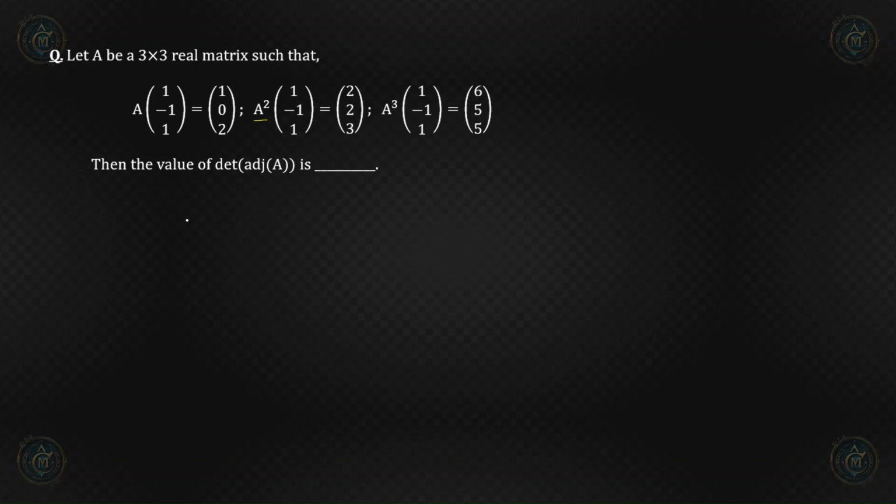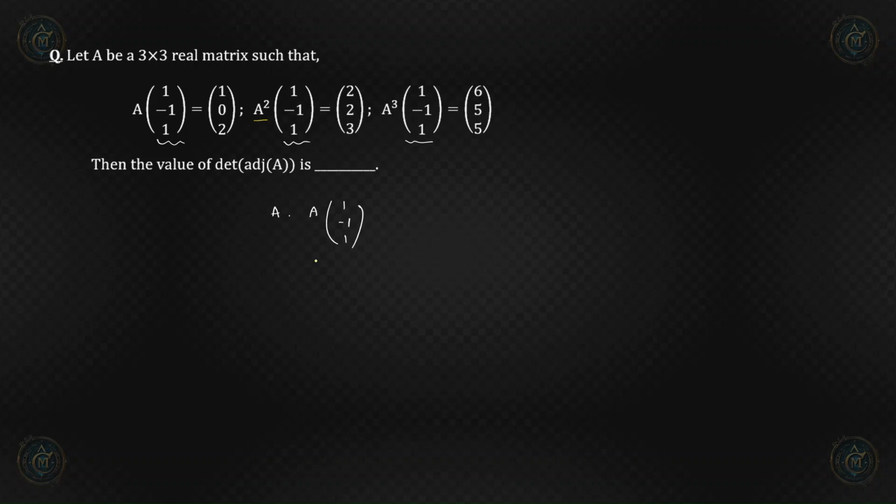Note another interesting fact here in this problem, that all of these column matrices are same, right? So that means we can write this A square times this as A times A times this column matrix, 1, minus 1 and 1, because A is a 3 by 3 square matrix. So we can split this, right?